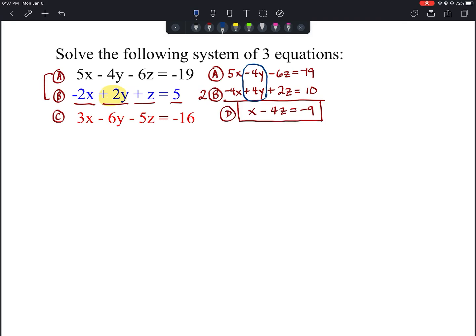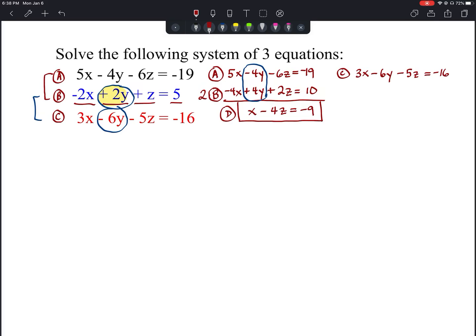And now, because I was using this 2y here before, I can multiply that times a 3 and eliminate it from the equations between B and C. So let's go ahead and do that here. I'm going to go ahead and copy down equation C because it doesn't need to change. So 3x minus 6y minus 5z is equal to negative 16.